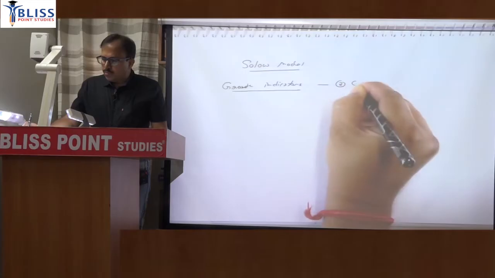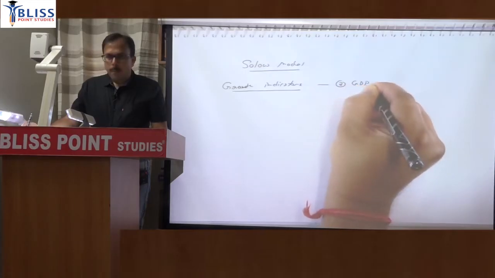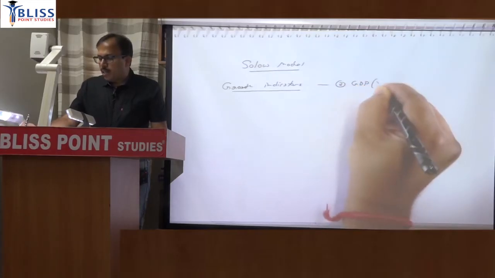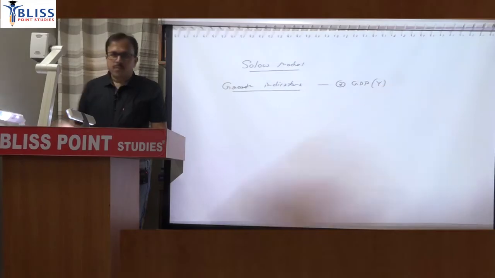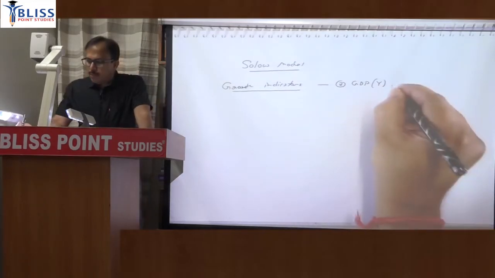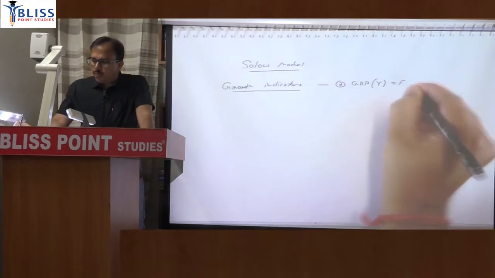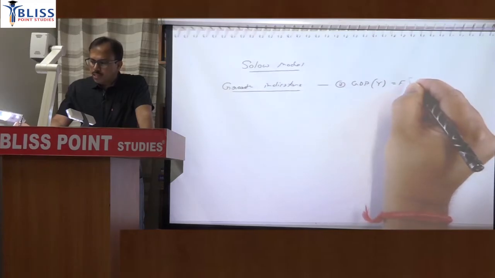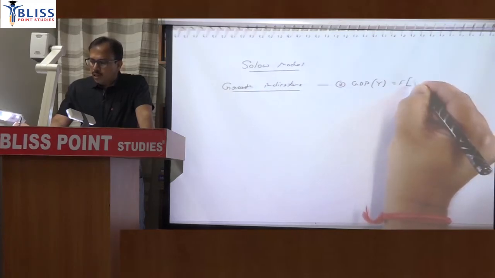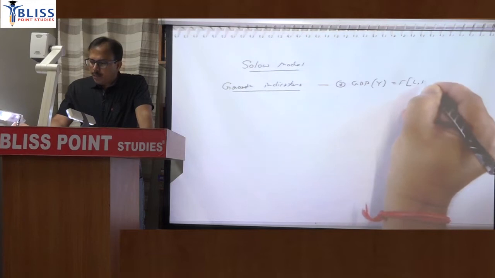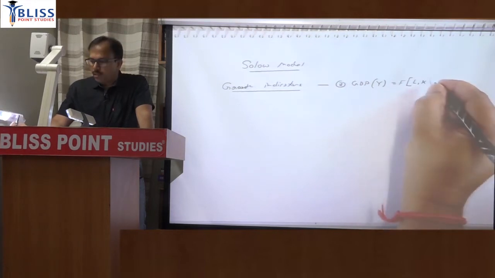A, GDP, and I represent GDP here by Y, and that GDP is said to be a function of labor and capital as well as technology.